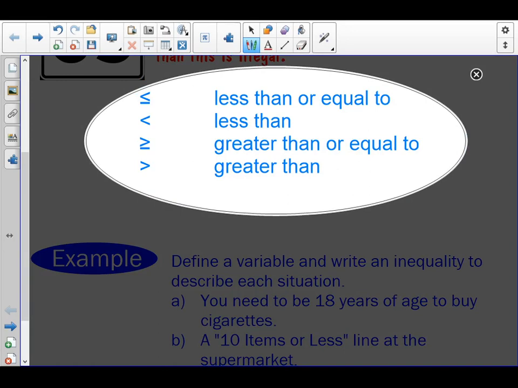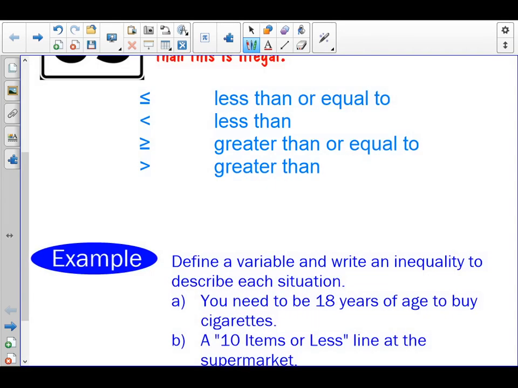What does greater than or equal to mean? And what does greater than mean? There are 4 inequalities, 2 different signs, and what differentiates the other 2 pieces is either the inclusion or not of the equal sign.